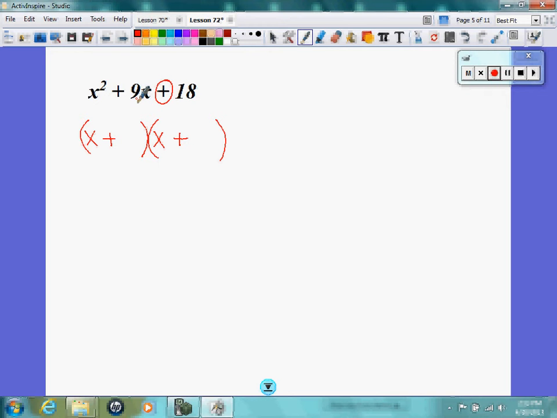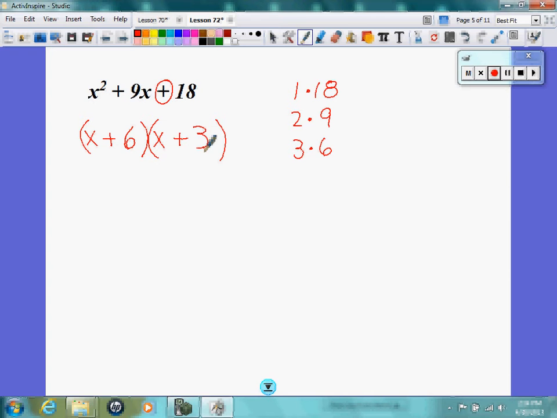Well, there's 1 times 18; their sum is not 9. There's 2 times 9; their sum is not 9. There's 3 times 6, and their sum is in fact 9. So we put a 6 here and a 3 here. It doesn't matter; we could put the 3 here and the 6 there.